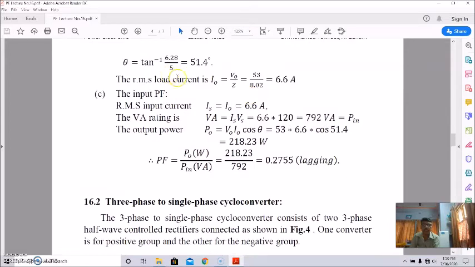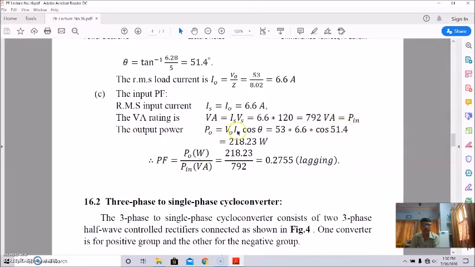This is the RMS value of the load current. Then the input power factor. Now the RMS input current IS, the I0 equal to 6.6 ampere. We get the volt ampere rating as IS times VS, that is 6.6 into 120. So that will be 792 volt ampere, that is the power input.